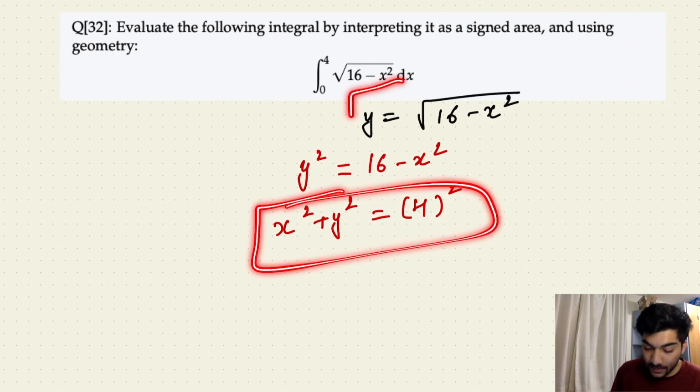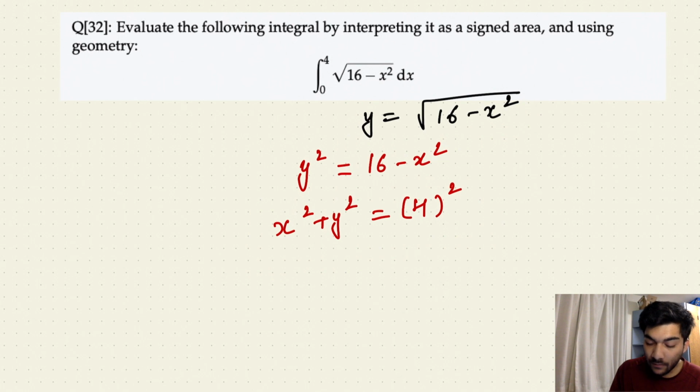So since this is a circle, but my original function is the square root of 16 minus x square, I'll only take the part of the circle which lies above the x-axis, such that all the y values for my curve are positive. I'll have to discard the negative values of y, because my square root function will never give me a negative value.